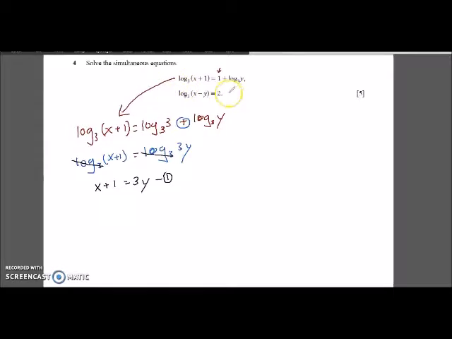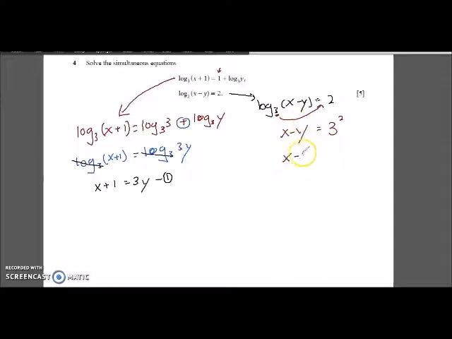And come to your second equation here. How do you get rid of this log? So you could see here log 3, x minus y equals to 2. So this 3 will move here and become 3 power of 2.